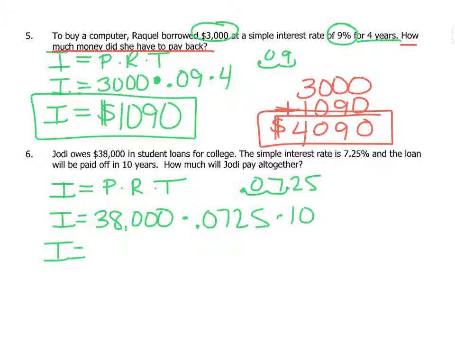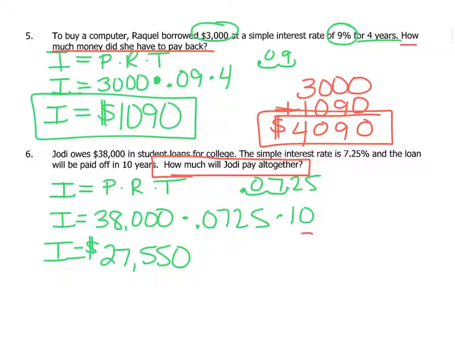Okay, so we're going to multiply this together. $38,000 times 0.0725 times 10, and you end up getting $27,550. So that's how much Jody has to pay in interest. So the question is, how much will Jody pay altogether?